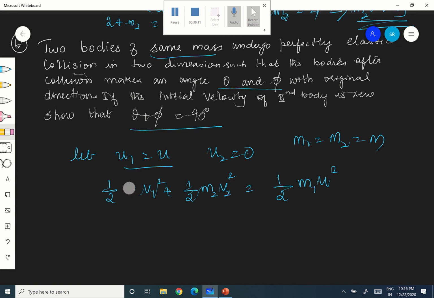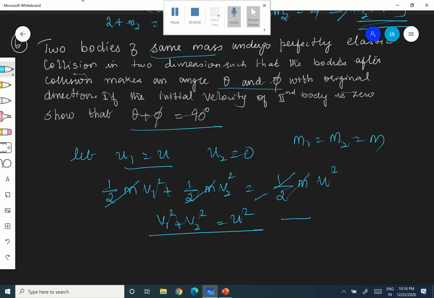Therefore everywhere you will write only m, and half m will cancel. You will get v1 squared plus v2 squared is equal to u squared.